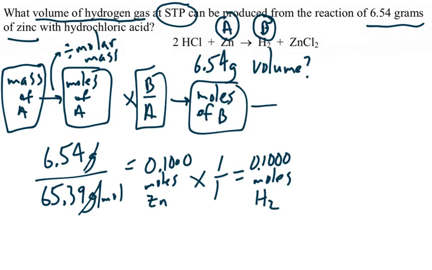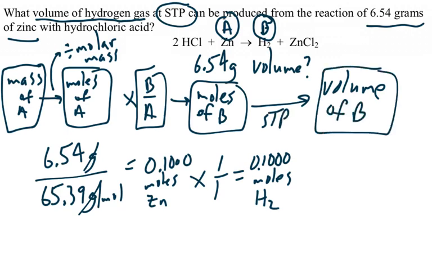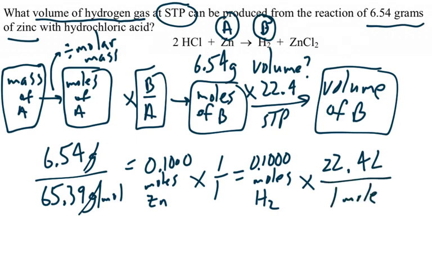To go from moles of the unknown into volume, as long as you're at STP, which we are, you're just going to end up multiplying by 22.4. Now, I'm going to set this up using dimensional analysis so you can see how units cancel. You see, there are 22.4 liters for every 1 mole at STP.